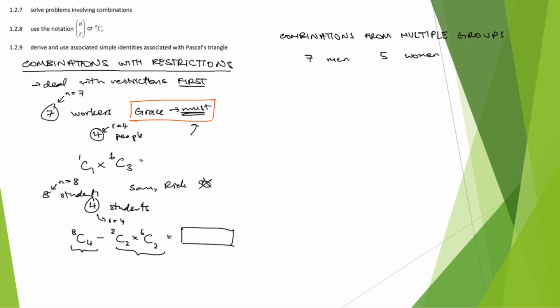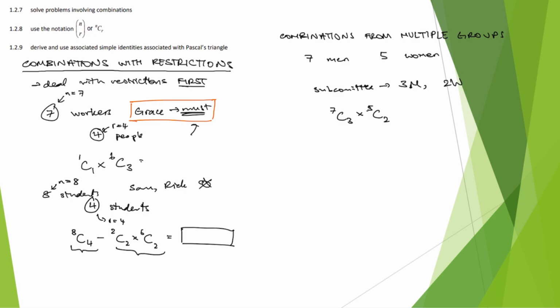And we want to form a subcommittee that comprises at least, let's say, 3 men and 2 women. Okay? In this case, we are selecting from multiple groups. We are selecting from the 7 men to choose 3, and we are selecting from the 5 women to choose 2.